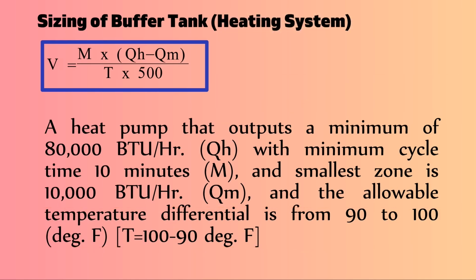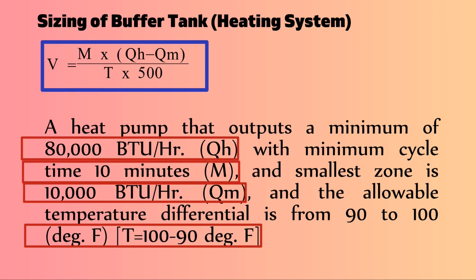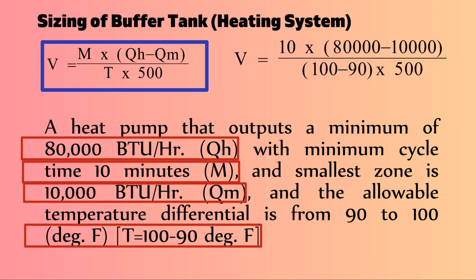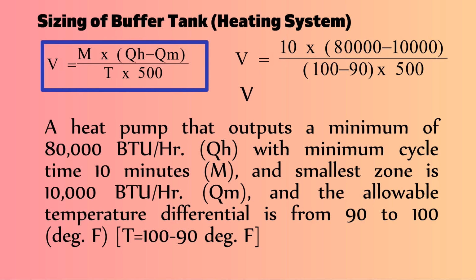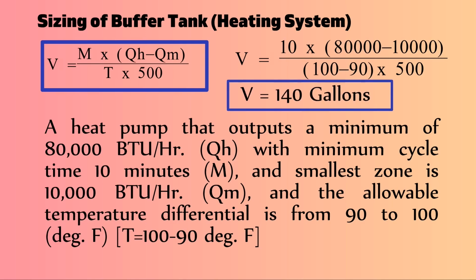Now, putting all these values in the equation, we get V equals 10 multiplied by (80,000 minus 10,000) divided by (100 minus 90) multiplied by 500, which gives V equal to 140 gallons.